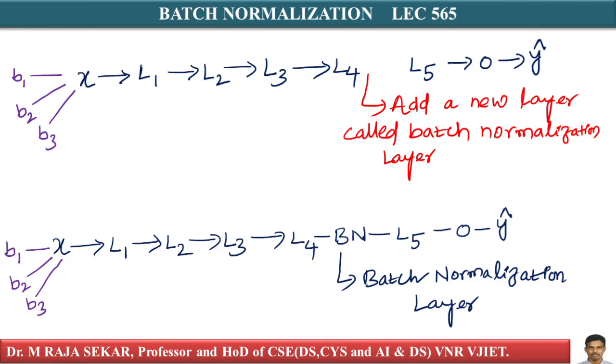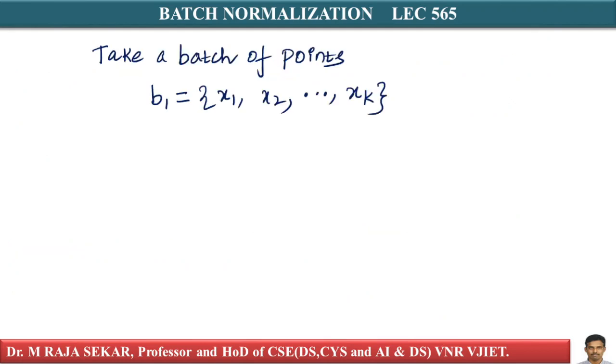What is batch normalization? Take a batch of inputs, let me say b1 equal to x1, x2, so on xk. I do simple data normalization on just this batch, not the whole data set. For every batch I normalize it.